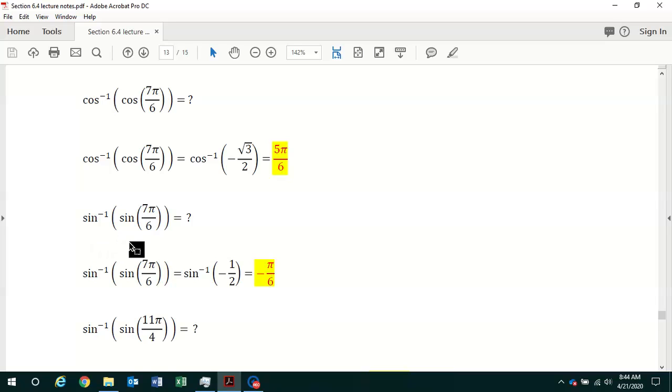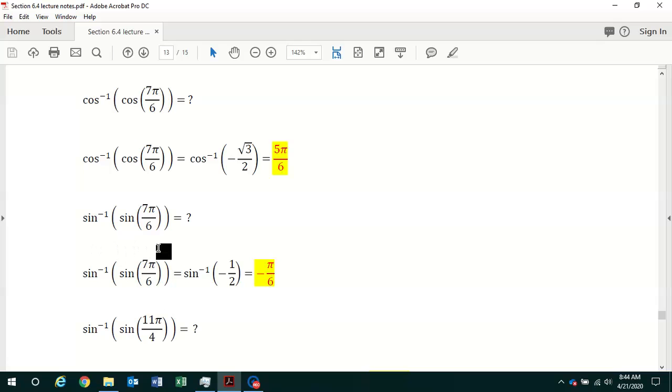Next we have the inverse sine of the sine of 7 pi over 6. From the unit circle, the sine of 7 pi over 6 is equal to minus 1/2. So this composite is equal to the inverse sine of minus 1/2. And from page 3 of your notes, the inverse sine of minus 1/2 is equal to minus pi over 6 radians.